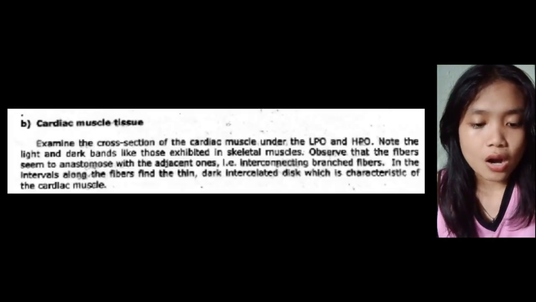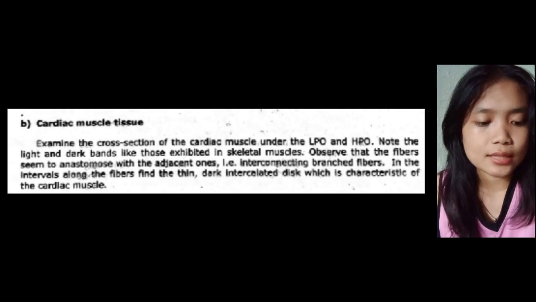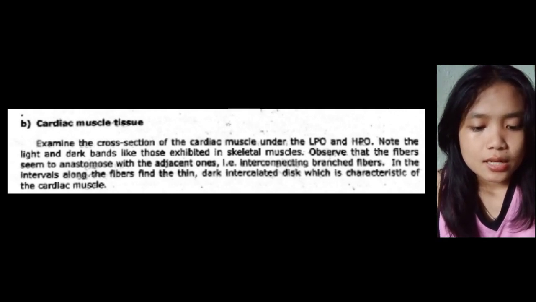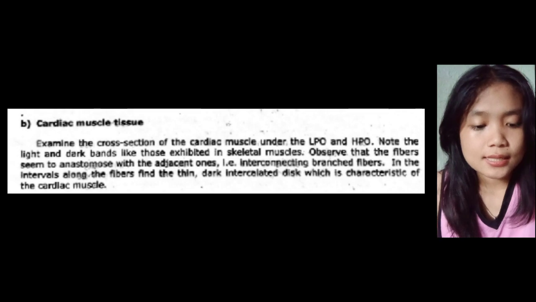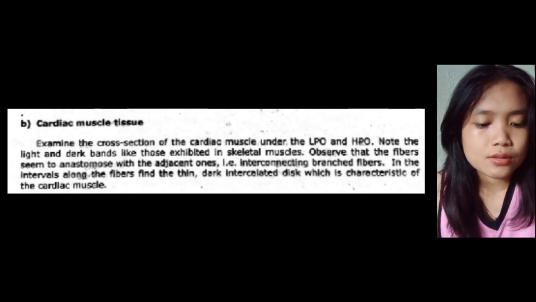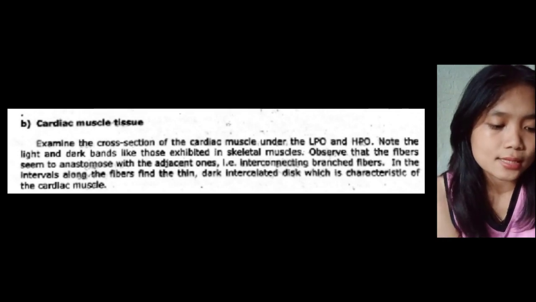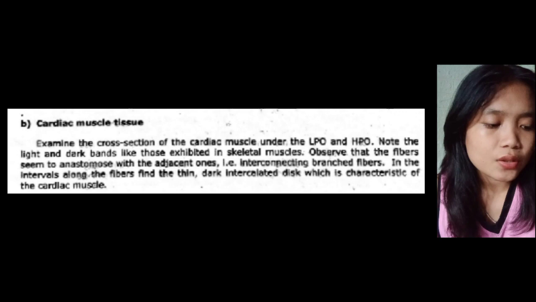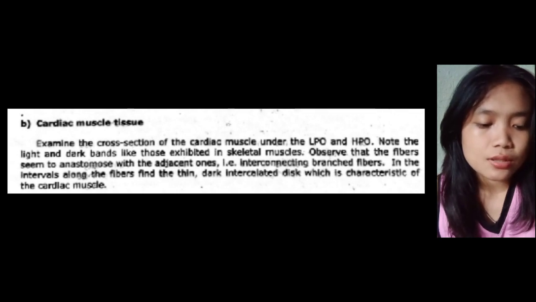Letter B, cardiac muscle tissue. Examine the cross section of the cardiac muscle under the LPO and HPO. Note the light and dark bands like those exhibited in skeletal muscles. Observe that the fiber seems to anastomose with the adjacent ones, interconnecting branch fibers.